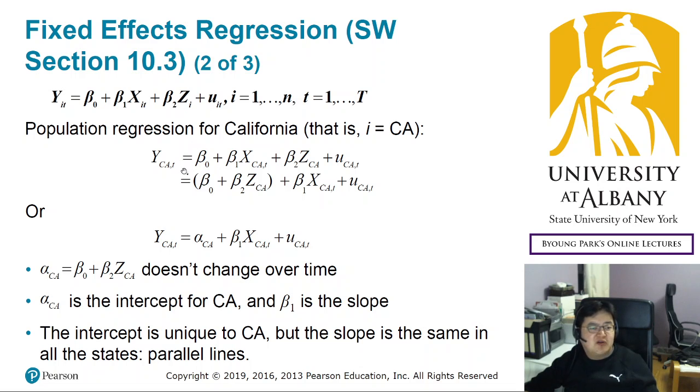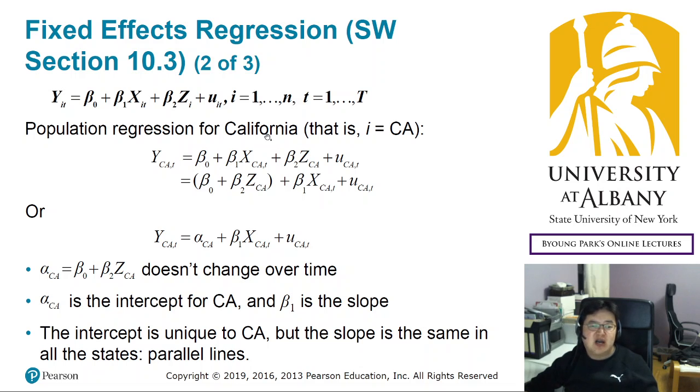And then for California, you may write it this way: intercept and beta 1 times beer tax plus beta 2 times the omitted variables, which are time constant. And we are going to bundle the intercept and this omitted variable because both do not change over time.